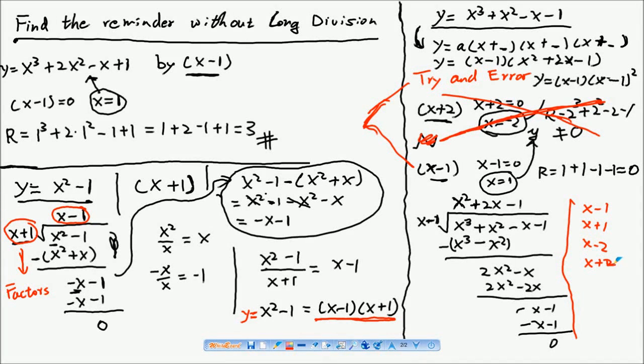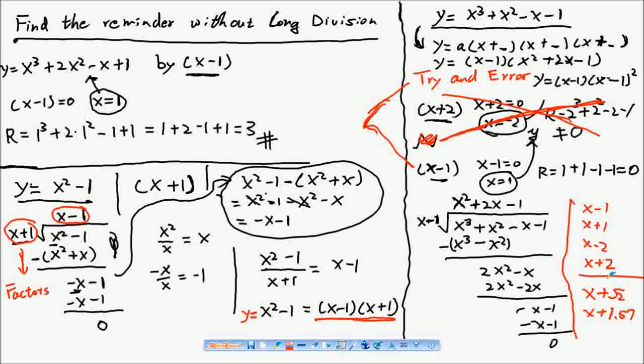They won't give you any other factors, because if they give you something like x plus the square root of 2, or x plus 1.57, it's impossible for you to find it out.